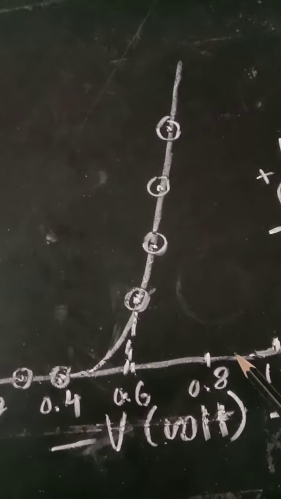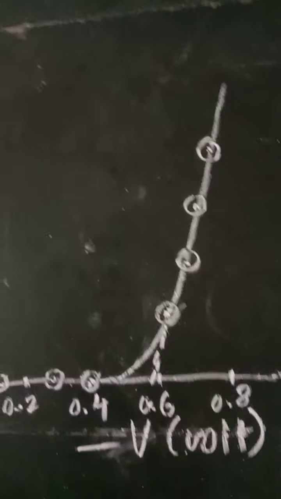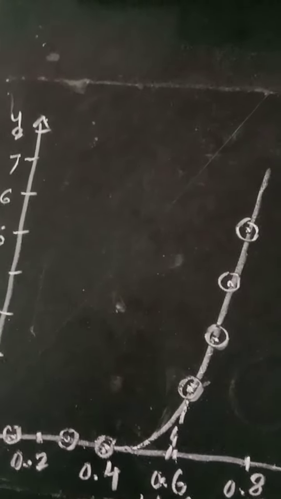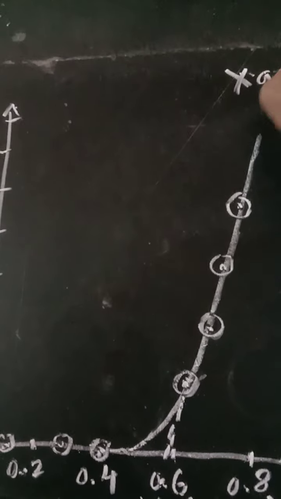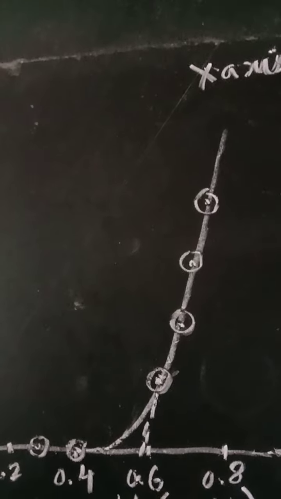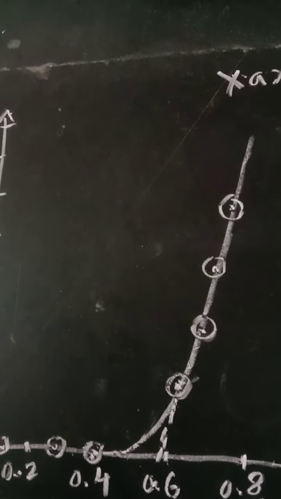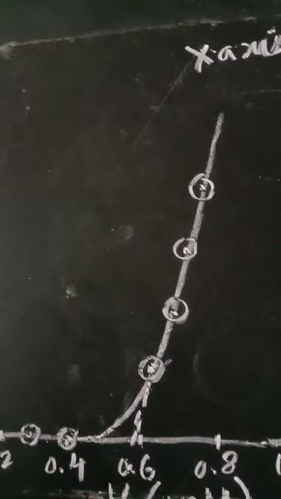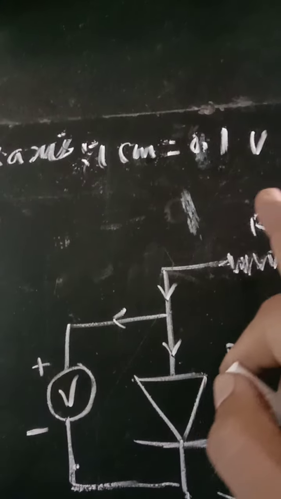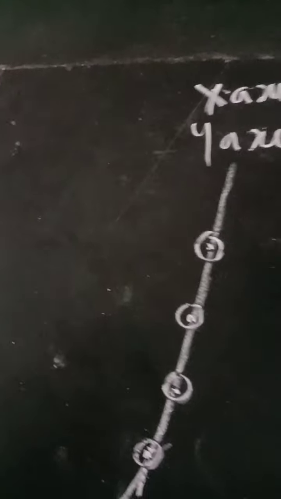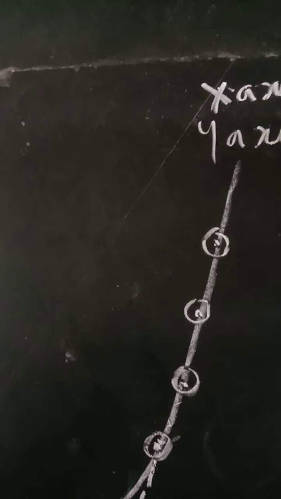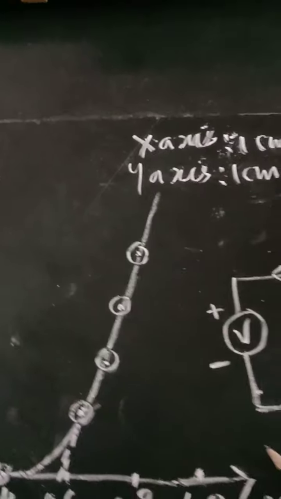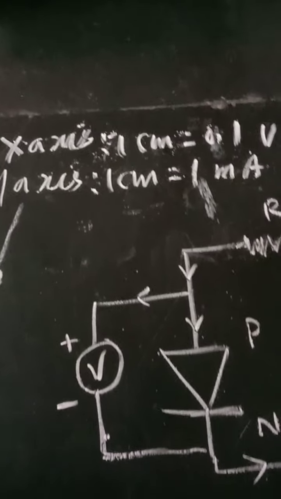So along the x-axis the scale chosen is 1 centimeter equal to 0.1 volt, and for the y-axis suppose 1 centimeter equal to 1 milliampere. So that will be the proper scale chosen.